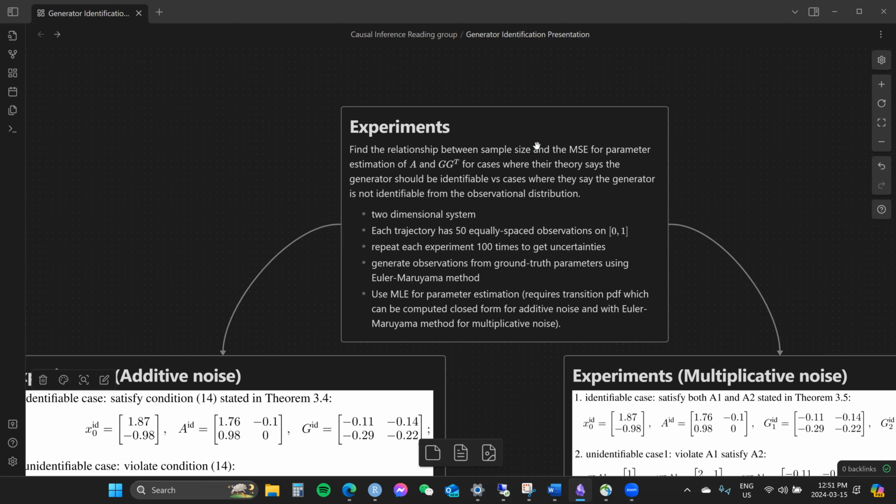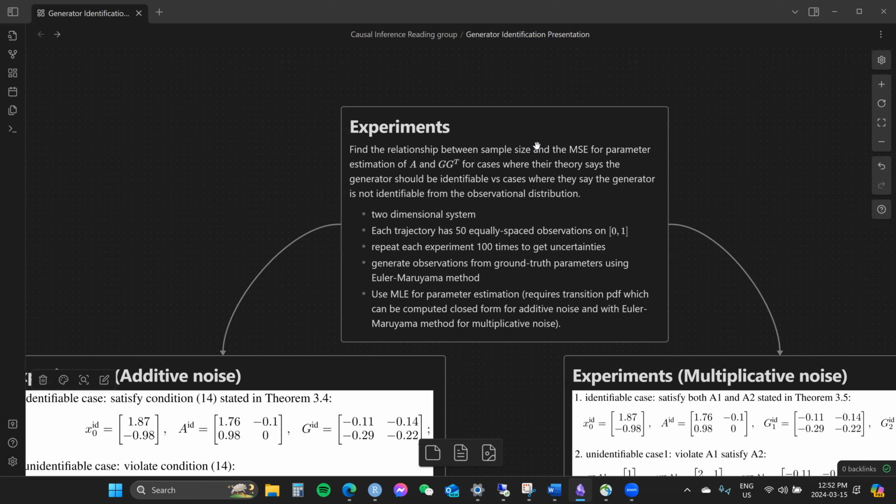And they divide it into cases where their theory predicts that the generator should be identifiable versus cases where the generator is not identifiable from the observational distribution. In all their cases, they only assume a 2-dimensional system. Each trajectory has 50 equally spaced observations on [0, 1], and they repeat their experiment 100 times to get uncertainty values as well.